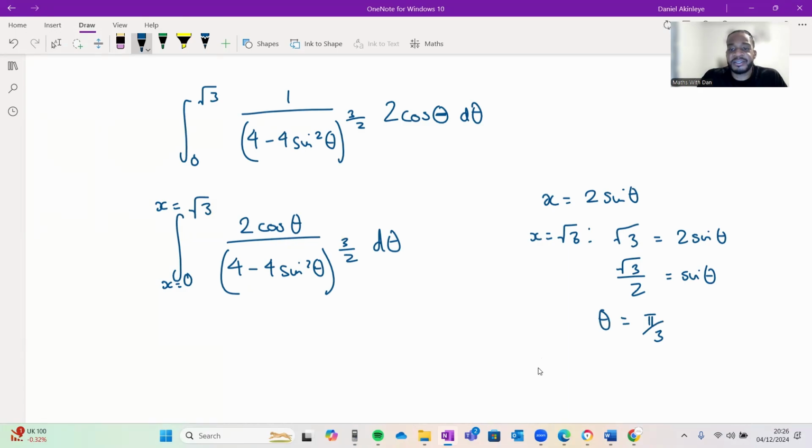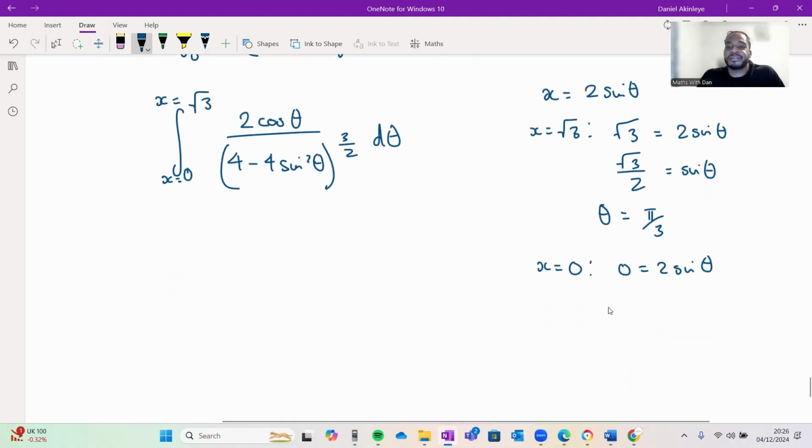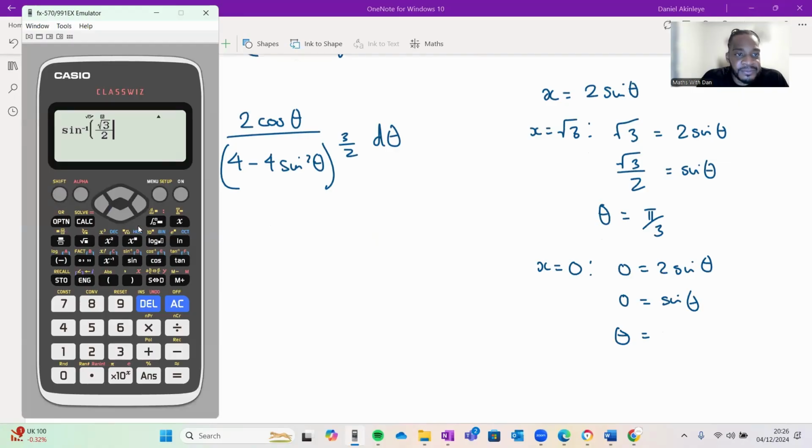And then for the next one, x is equal to 0. That's going to be 0 is equal to 2 sine theta. I know that theta is 0 anyway, but it's always good to do it. Divide by 2, 0 is equal to sine theta. Take the sine inverse of 0, which is just 0.